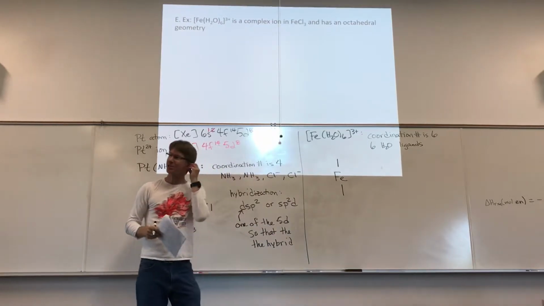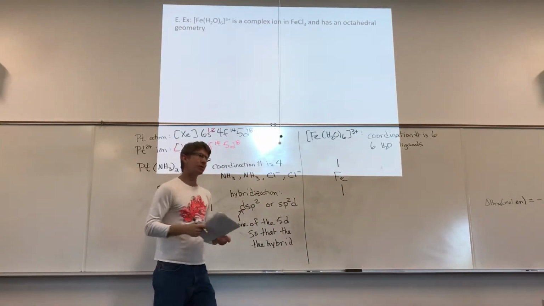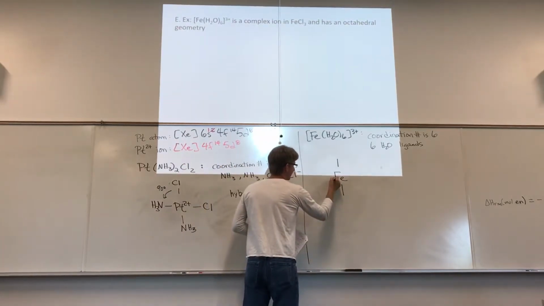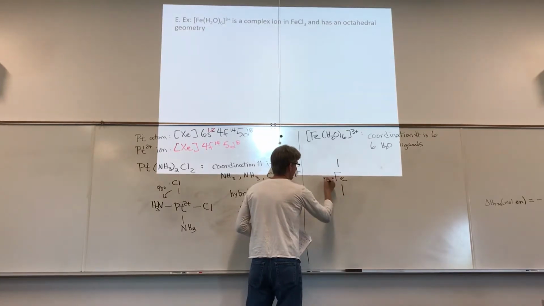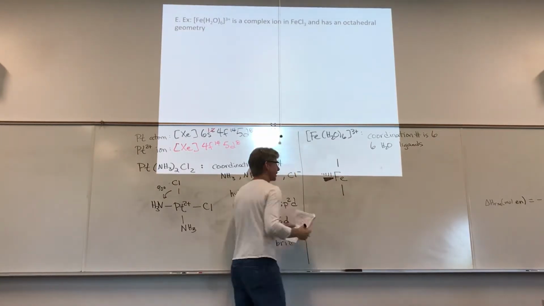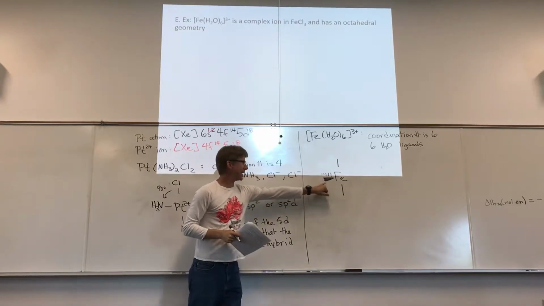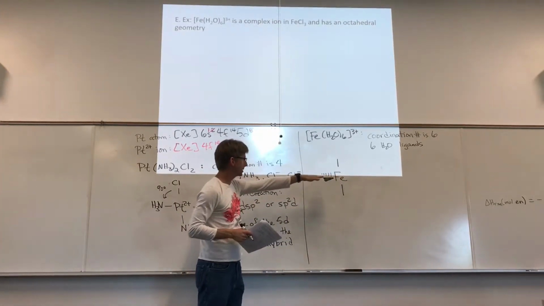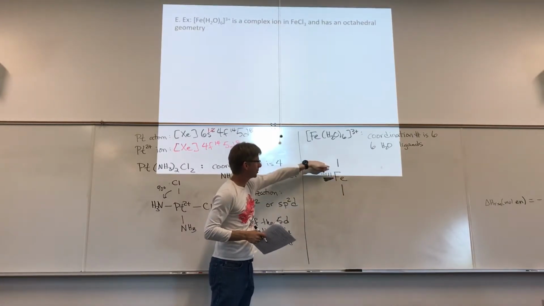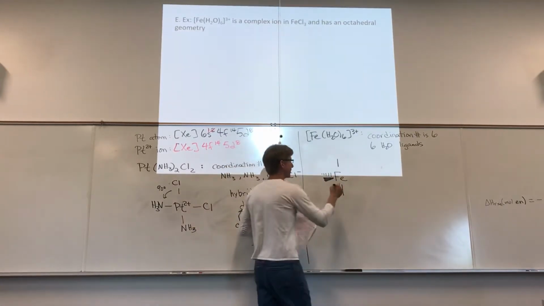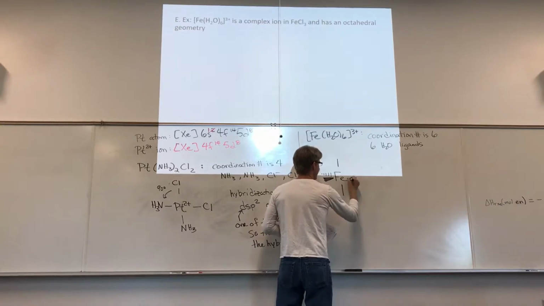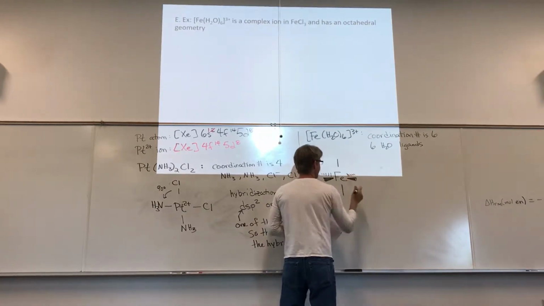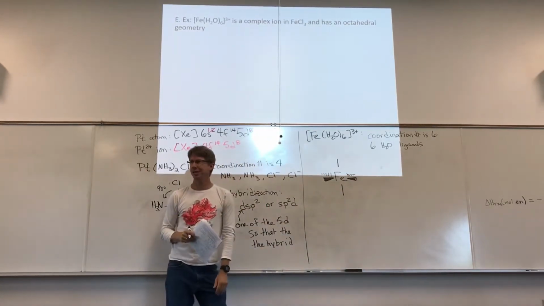Now, to draw 6, you do have to use out wedges and back wedges. I have 2 on this side. This out wedge means the ligand or the bond is sticking out of the board. This back wedge means it's going back. There's 2 more on the other side.